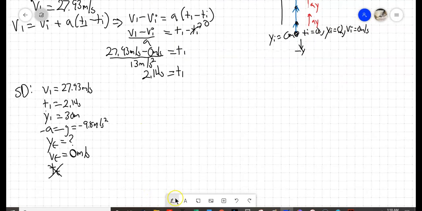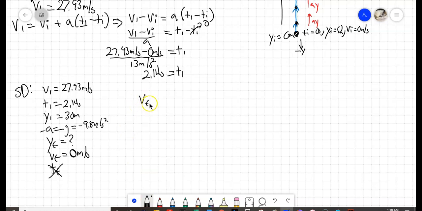So I'm going to write that here, and I'm going to be applying our vectors to it. We're going to be using v final squared. We have v1 squared, which is 27.93, minus, because this acceleration is now g, and that's going to be equal to y final, which is the maximum height, which is what we're solving for, minus the height when it was at 27.93 at 2.14 seconds, which is 30 meters, which is y1.